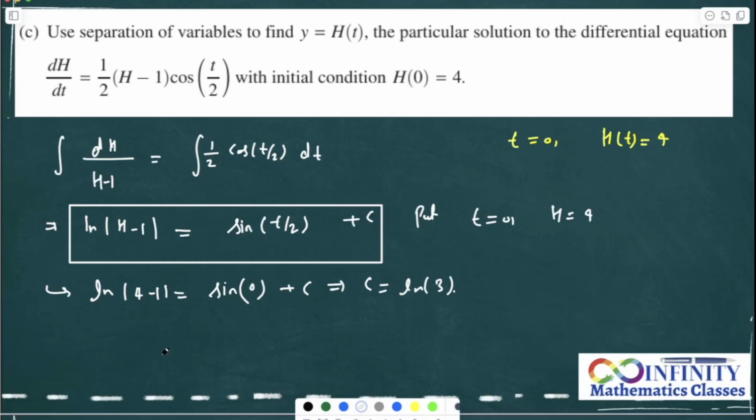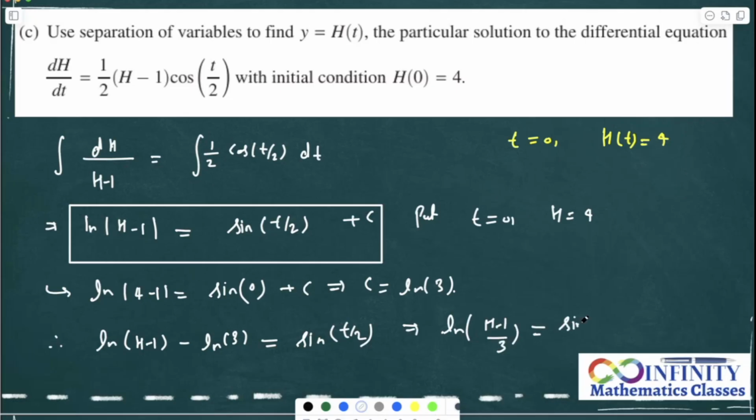Therefore, the solution is going to be, because h, the height, is always bigger than 1. This is what was given to us in the previous part B. So I'm using h minus 1 only. The constant c I'm transferring to the left hand side. This is ln of h minus 1 divided by 3 is 2 sine t by 2.